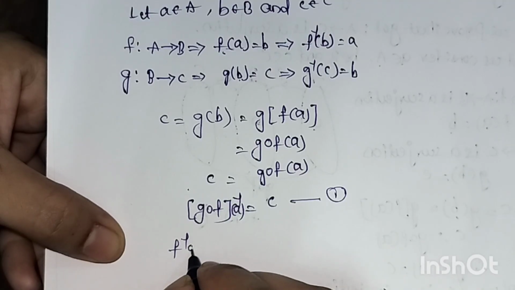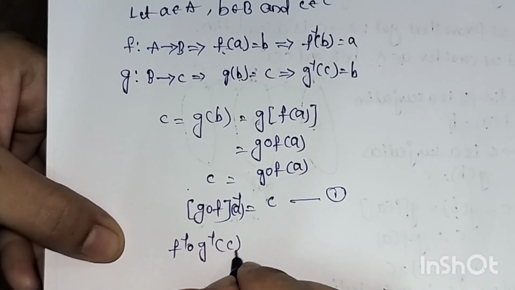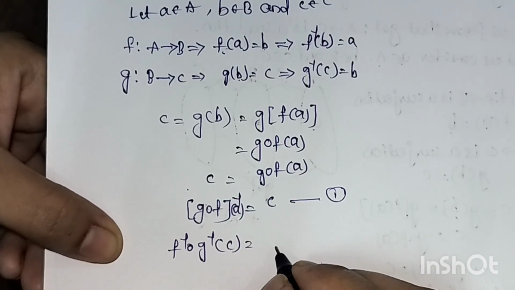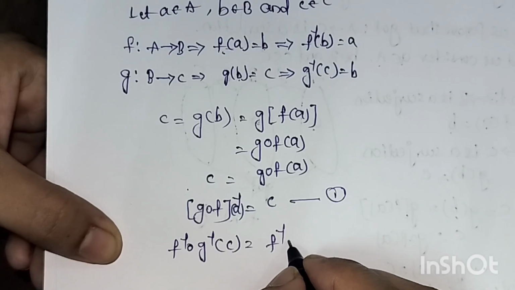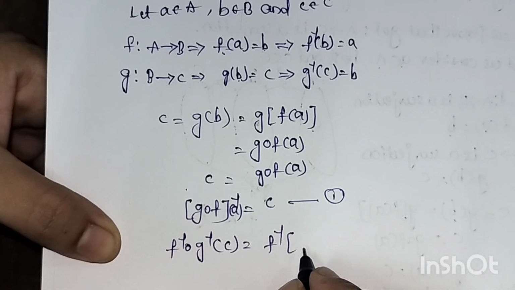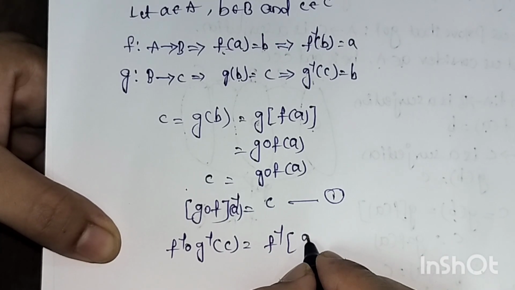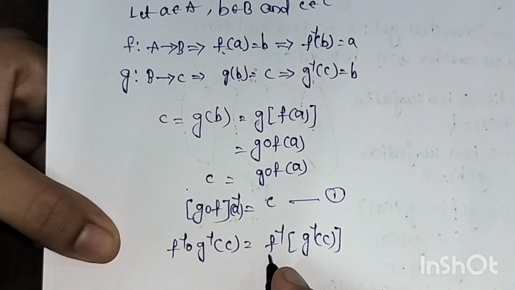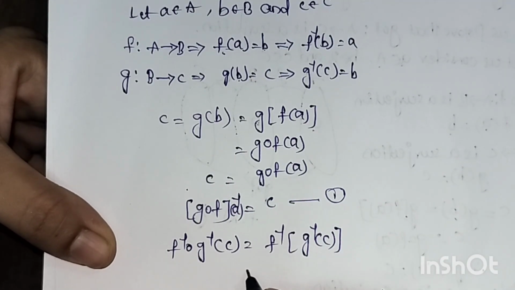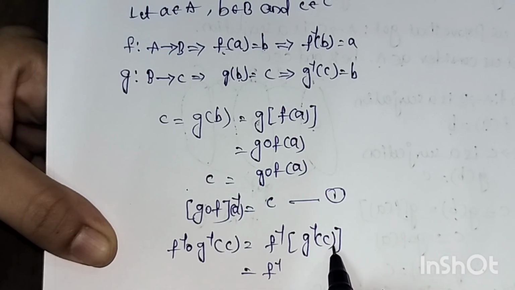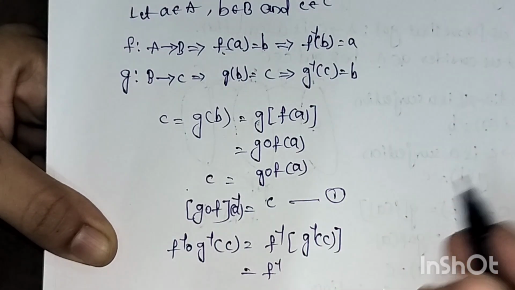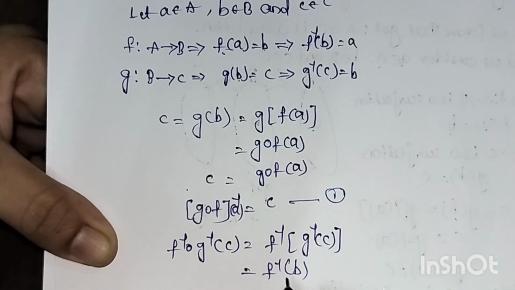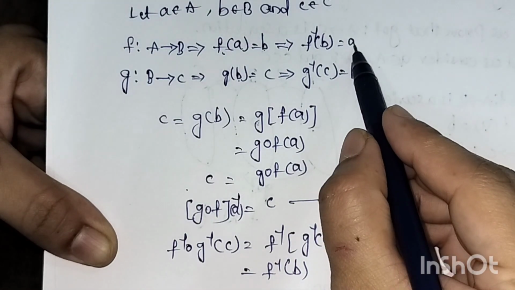Next, F inverse circle G inverse of c equals F inverse of G inverse of c, that equals F inverse of b, since G inverse of c is b. F inverse of b equals a.